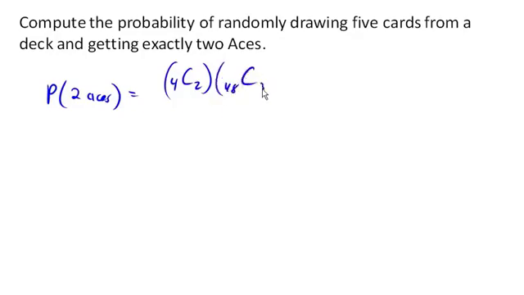So we have a total of 5 cards, 2 aces, 3 non-aces, and that's out of all the ways that you can choose 5 cards out of 52. And that turns out to be about 0.0399. So there's about a 4% chance that out of a 5-card hand, you'll have exactly 2 aces, a pair of aces, in that hand.